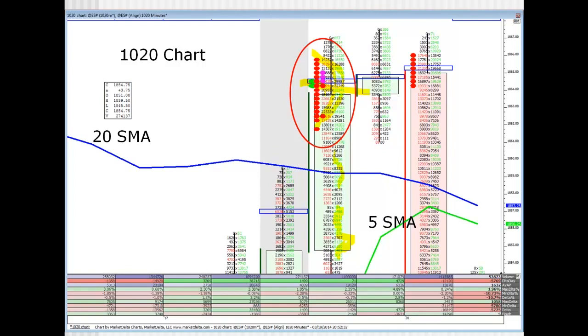Now there is something else on the chart which we haven't yet begun to look at, but we have encountered it in the past, and that is our footprint bar statistics.